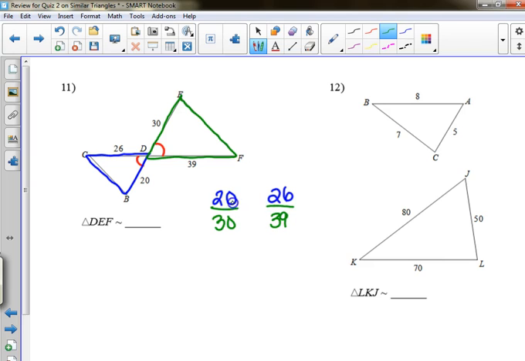If I type 20 divided by 30, I get 0.666 repeating. If I type 26 divided by 39, I also get 0.666 repeating. They both end in a 7, doesn't matter, they're equivalent. So yes, these are similar, not congruent.